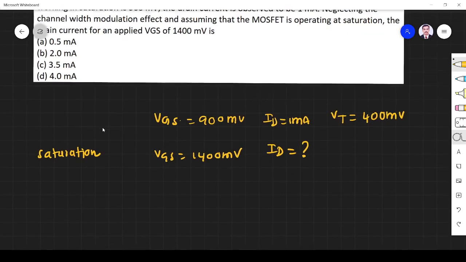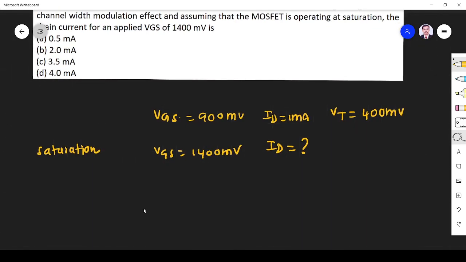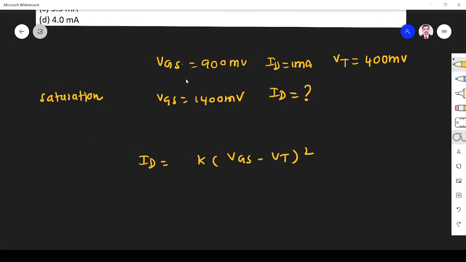We know the MOSFET is in saturation, so the drain current is given by ID equal to K into (VGS minus VT) square. This is the drain current in saturation mode. Let us take this as condition number 1 and this as condition number 2.